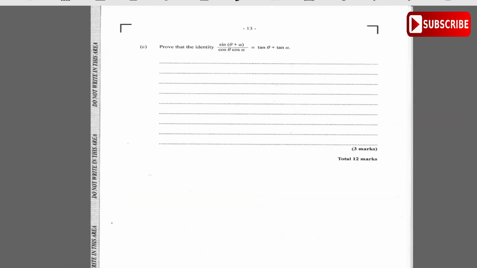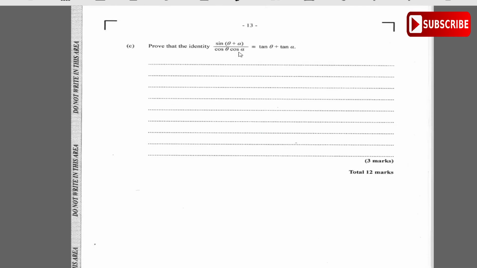Now it says prove this identity: the sine of theta plus alpha over the cos of theta cos alpha is the tan of theta plus the tan of alpha. Now I always like to start with my left hand side.